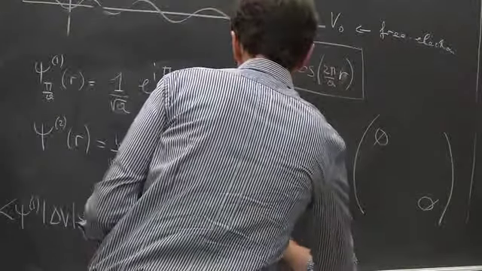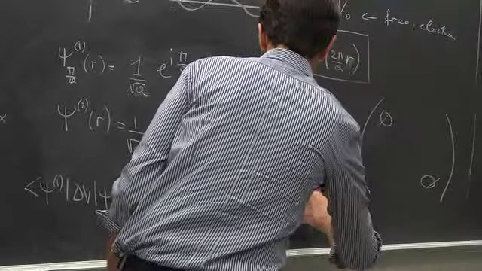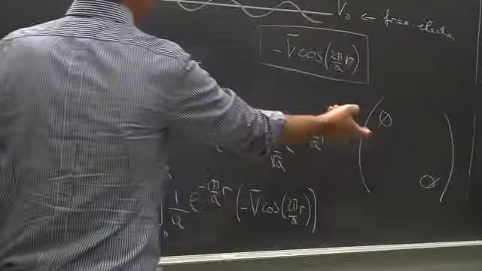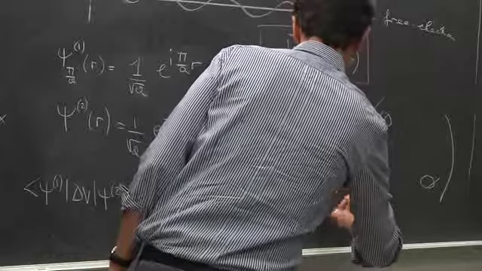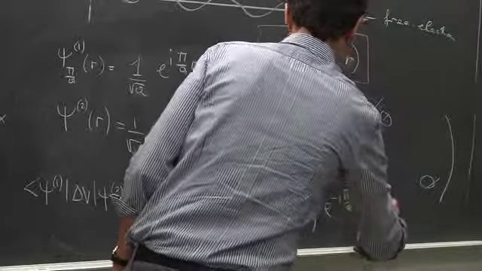Potential, cosine 2 pi over a r, psi 2, e to the minus i pi over a r.